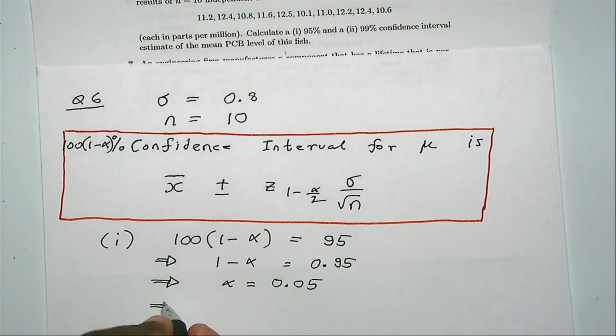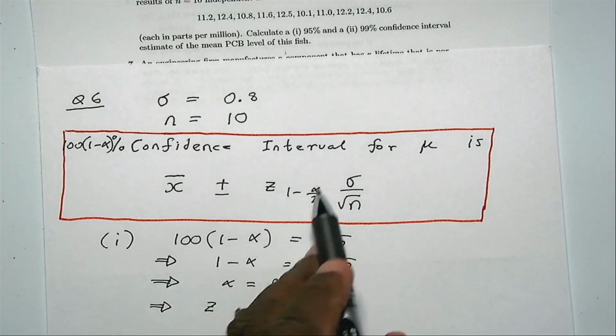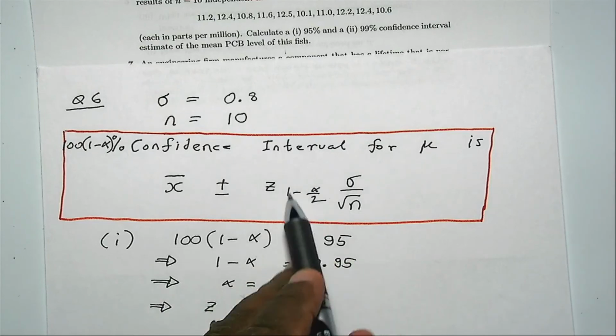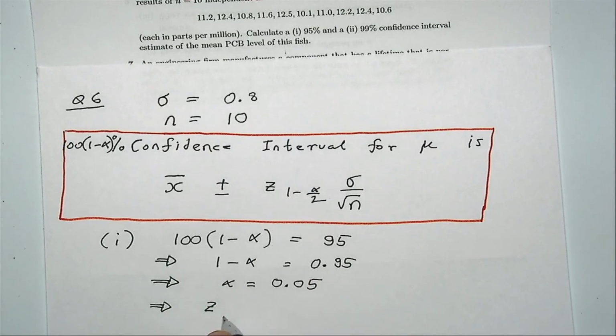And your z, this is the percentile of the standard normal with the probability of 1 minus alpha by 2, is going to be 1 minus 0.025.